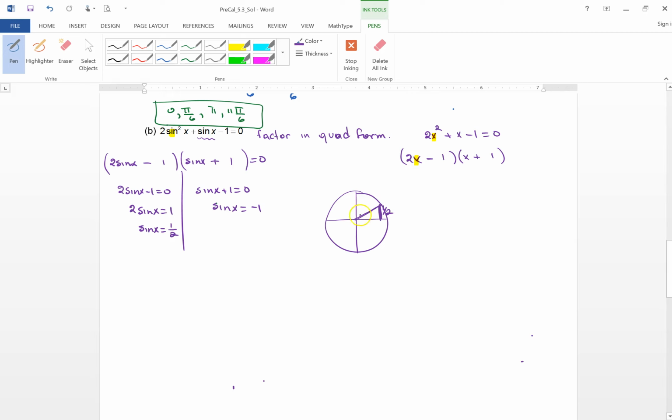Pi over 6, the smaller one. So x is pi over 6. Now, where is sine of x positive? In this quadrant, and in quadrant number 2. What's the pi over 6 equivalent in the second quadrant? Can't be 2 pi over 6. It's 5 pi over 6.